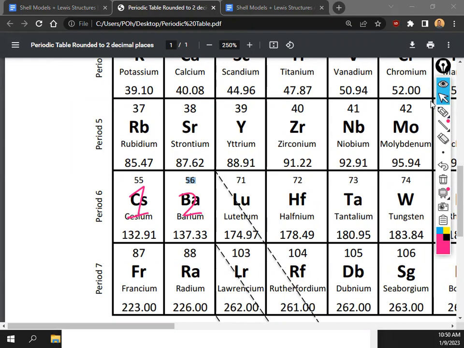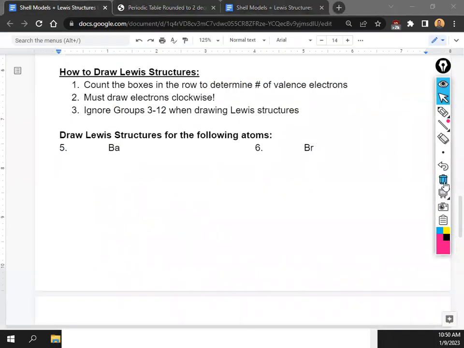So if we're going to draw the Lewis structure of barium, it's just going to be Ba, and then we just do 1, 2. That's it. That's the Lewis structure. A lot better than drawing the 6 shells and the 56 electrons. All we got to do is count the boxes in the row that it's in.